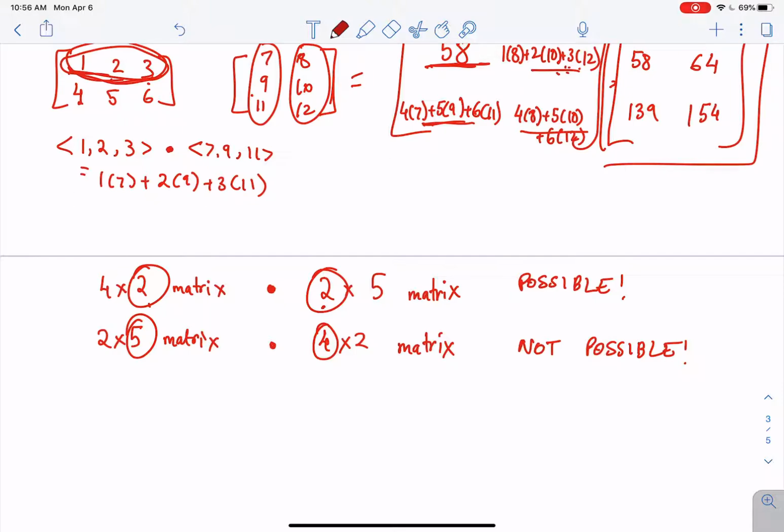You can't change the order of it and still get the same numbers. Sometimes that might work, sometimes it's not going to work, and a lot of times it's not going to work. And even if you can multiply it, you'll probably get a different result than what you get the other way. So you want to be careful with matrix multiplication in that aspect of it.